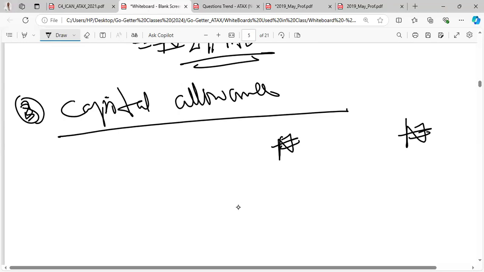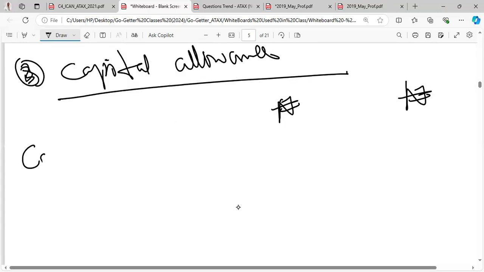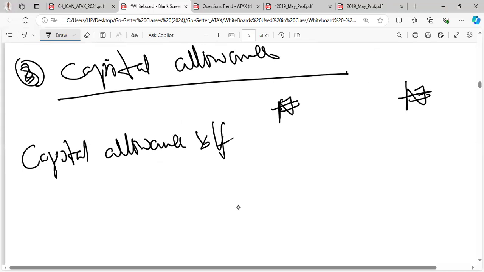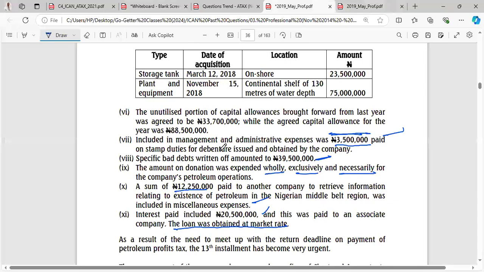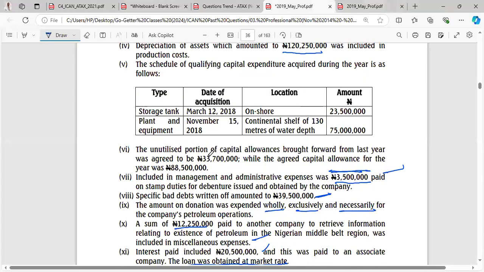So capital allowance brought forward. From the question, we are told unutilized portion of capital allowances brought forward from last year was agreed to be 33,700.